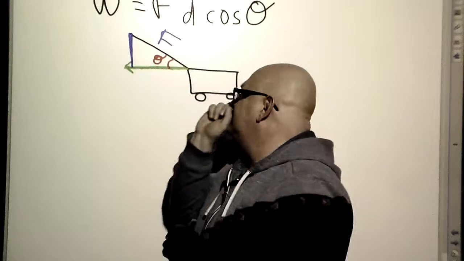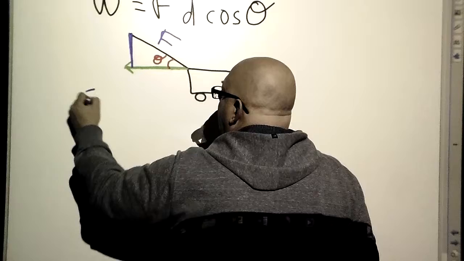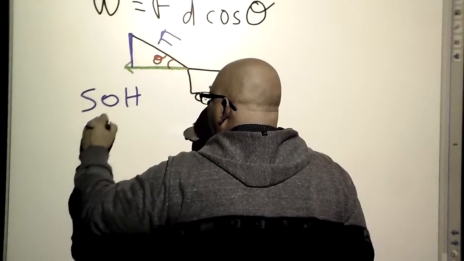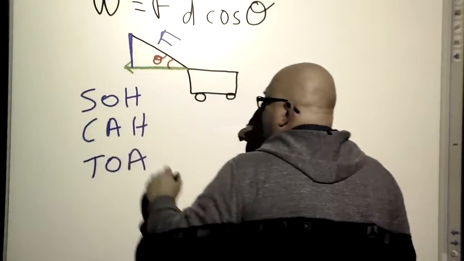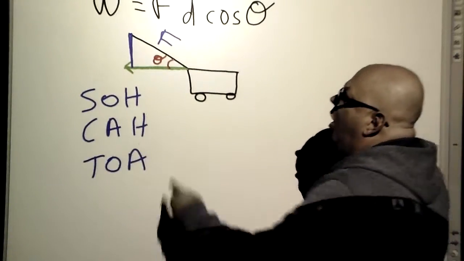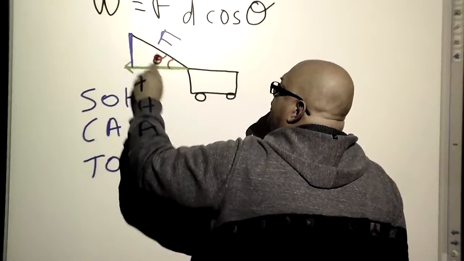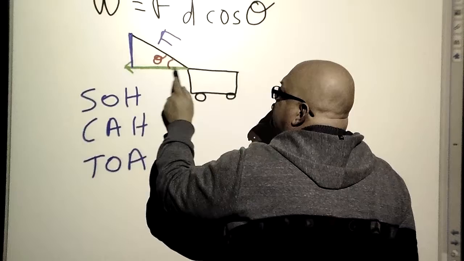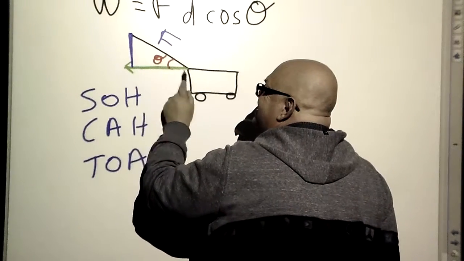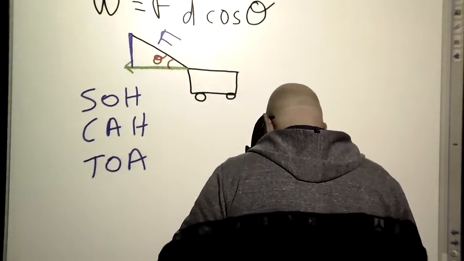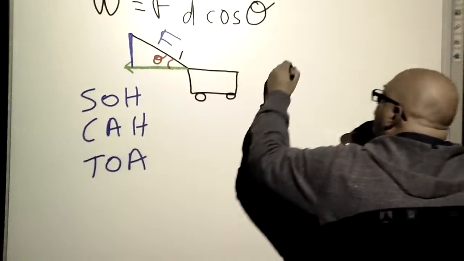So when we look at Sohcahtoa, our force here has got to be our hypotenuse, guys. Which means this is our adjacent, and this is our opposite.